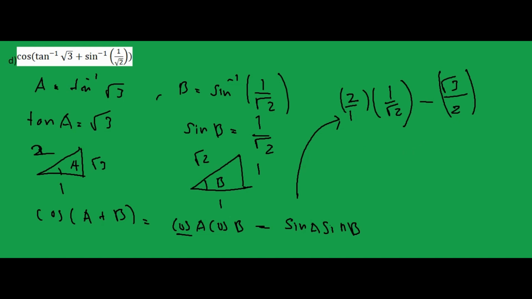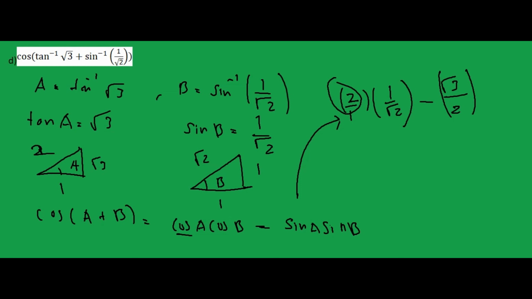I think I'm wrong here. Cosine is adjacent over hypotenuse. So I think I'm wrong here.